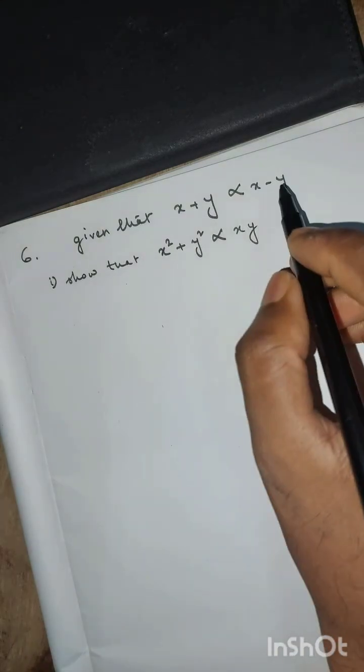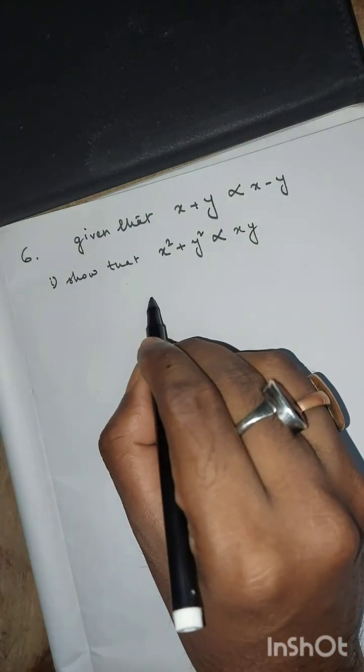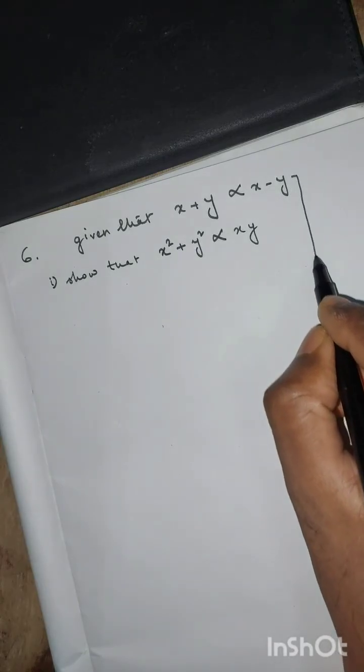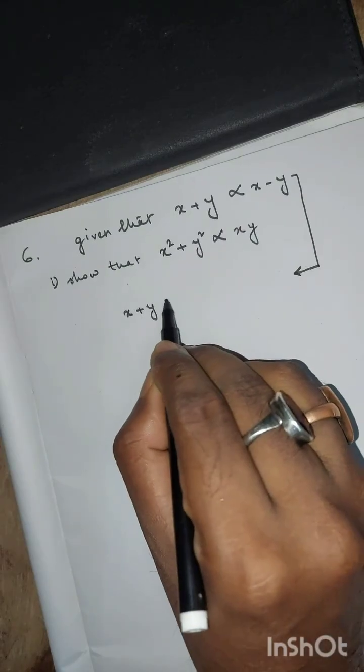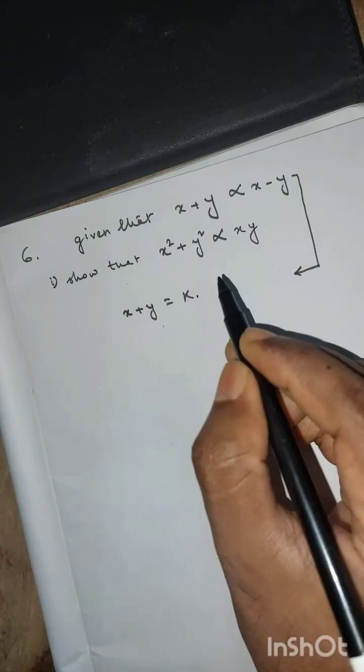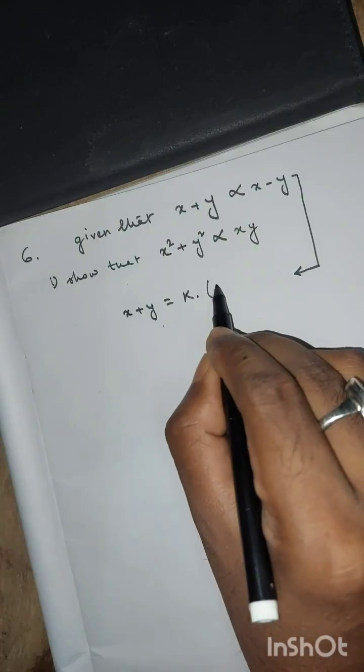So this is what we have to show. Now let us first write the given relation. This relation can be written as x plus y equal to k, a variation constant, into x minus y.